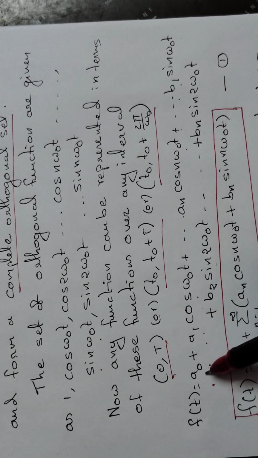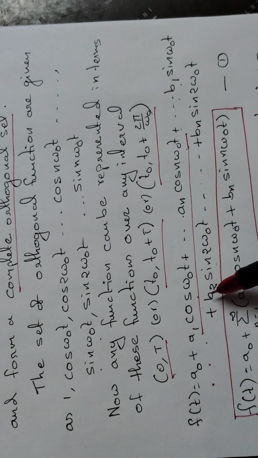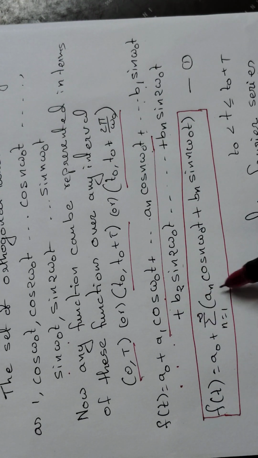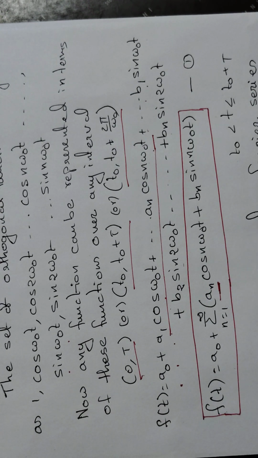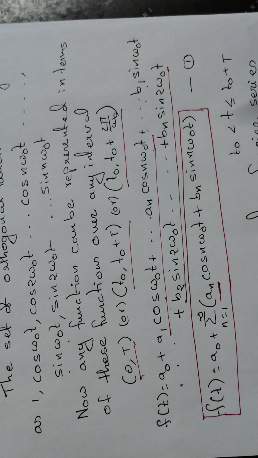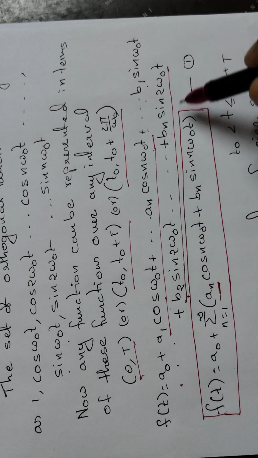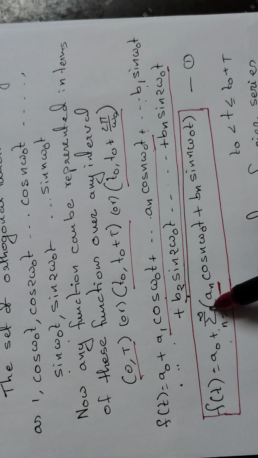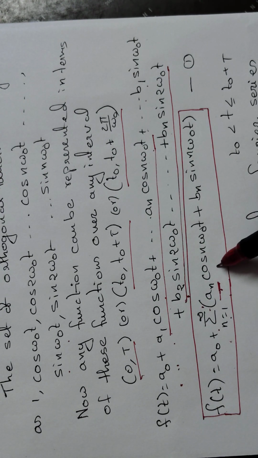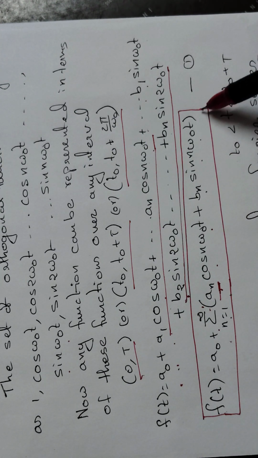These cos terms are represented with the variable an, and the sine terms are represented with b. So based on this, f of t equals a naught plus summation n is equal to 1 to infinity of an cos n omega naught t plus bn sin n omega naught t.